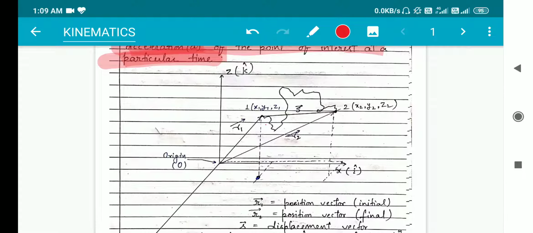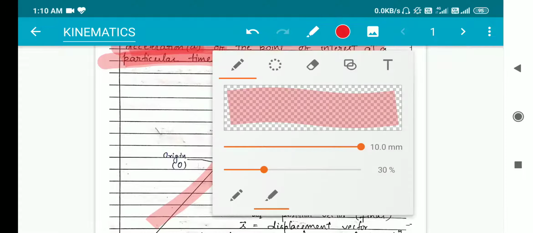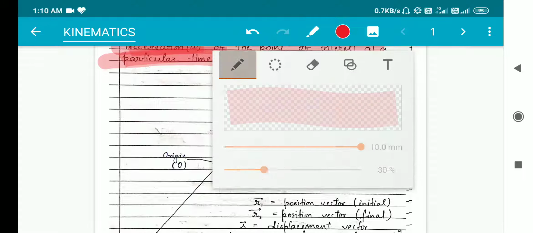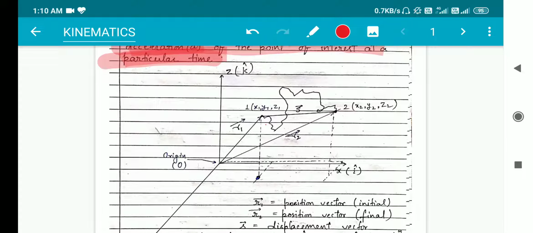Suppose this is a three-dimensional coordinate system, x-axis, y-axis and z-axis, and an insect is at point 1 with coordinates x1, y1 and z1. The position vector of point 1, where the insect is resting, is r1.